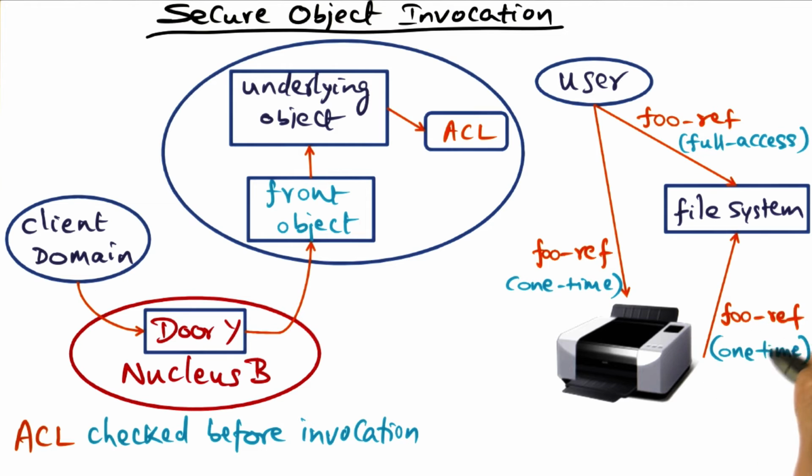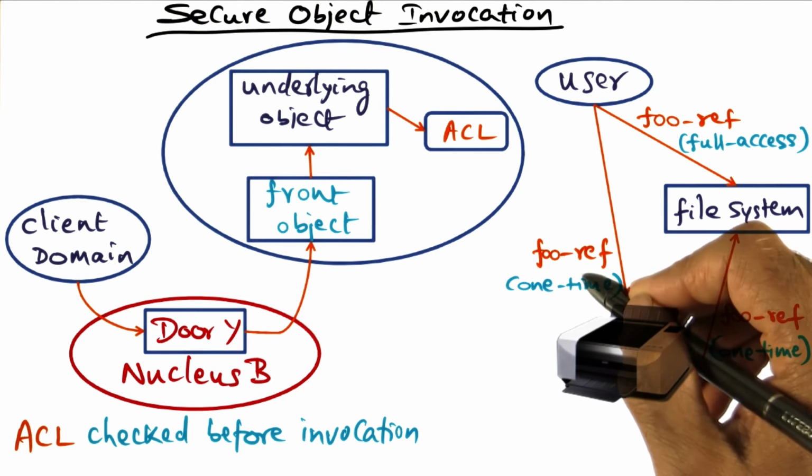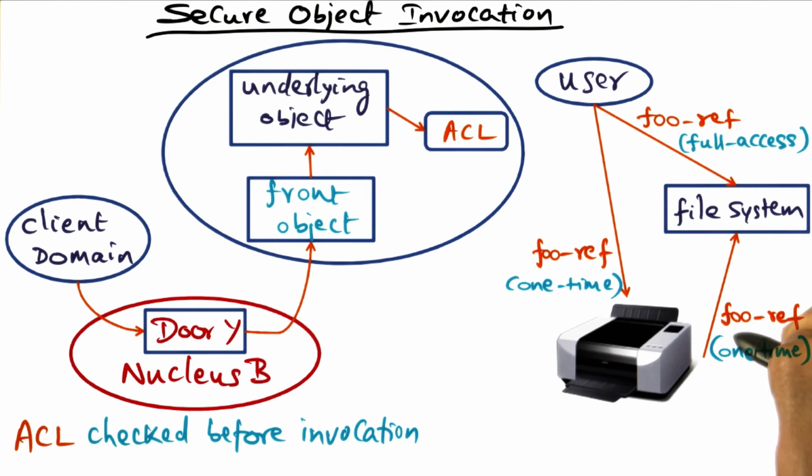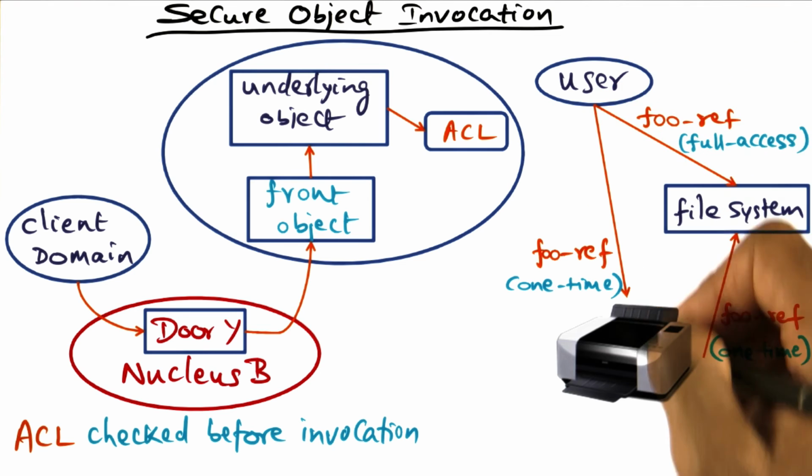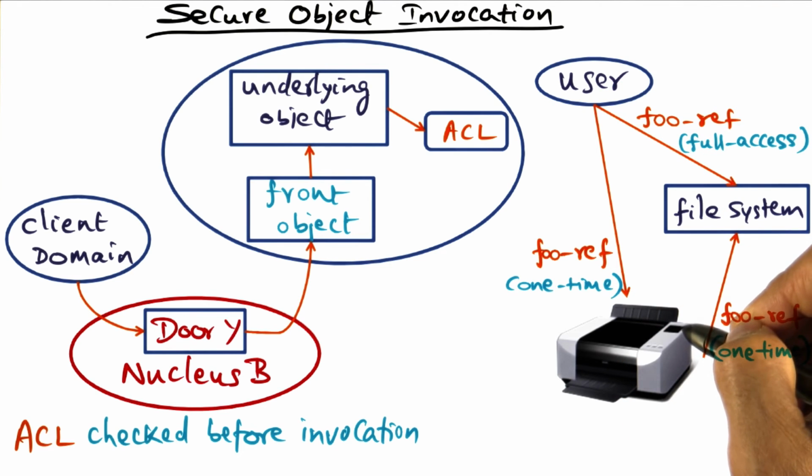But if it tries to present the same handle again, it will be rejected by the front object associated with the file system because this is a one-time reference. The capability that is being provided by the user to the printer is a one-time capability.